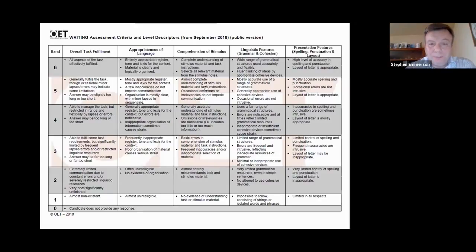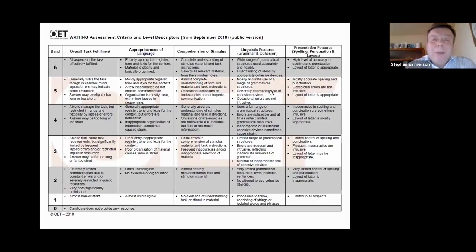Comprehension of stimulus, almost complete understanding of stimulus, material and task instructions. There are occasional omissions or irrelevancies, do not impede communication. So they're allowing a few errors there. And then linguistic, mostly accurate use of range of grammatical structures, generally appropriate use of cohesive devices. And again, occasional errors are not intrusive.